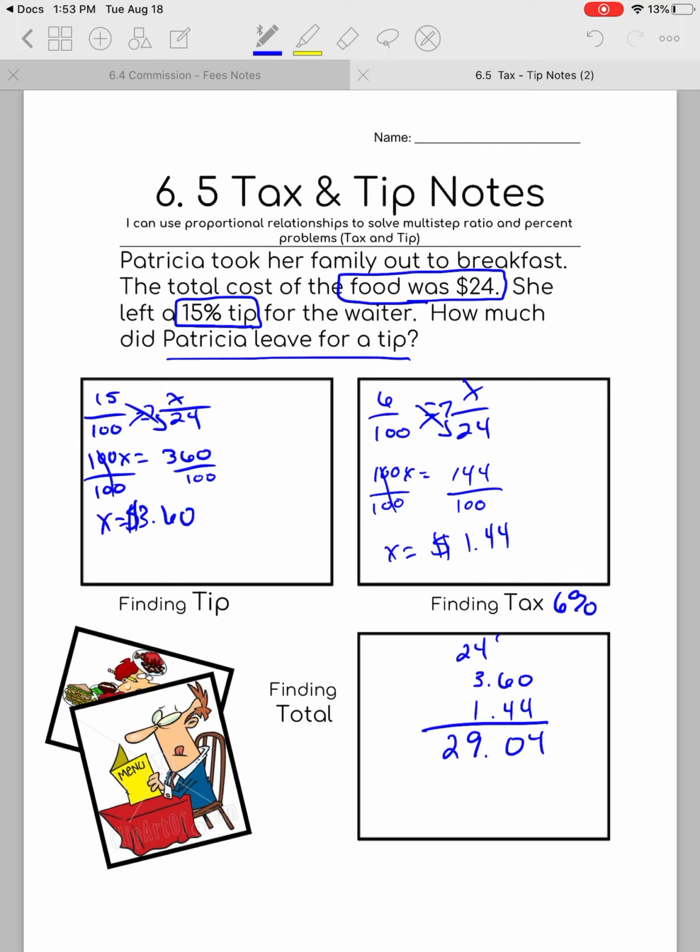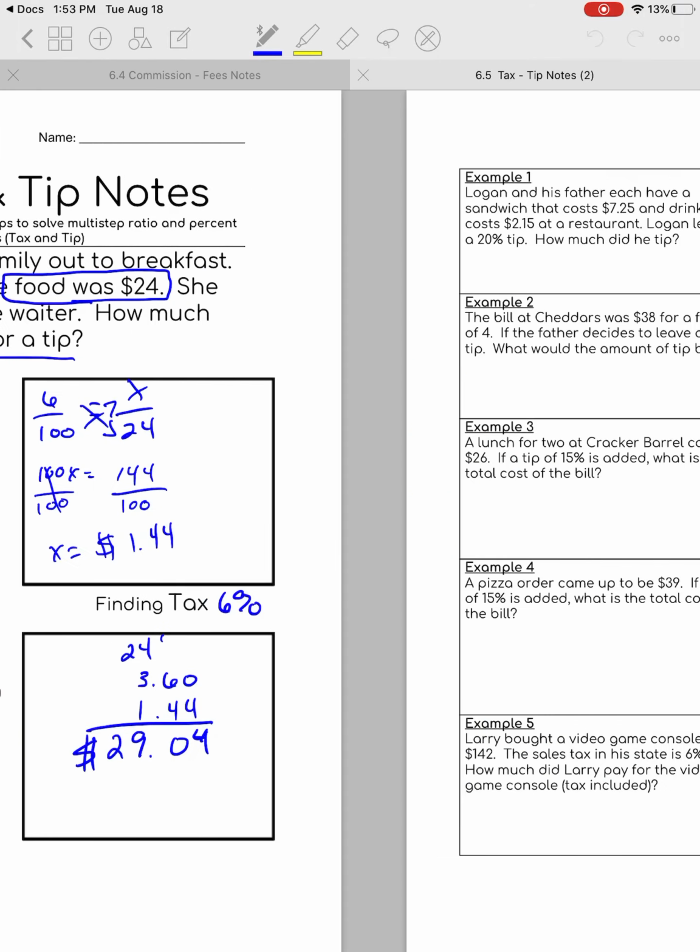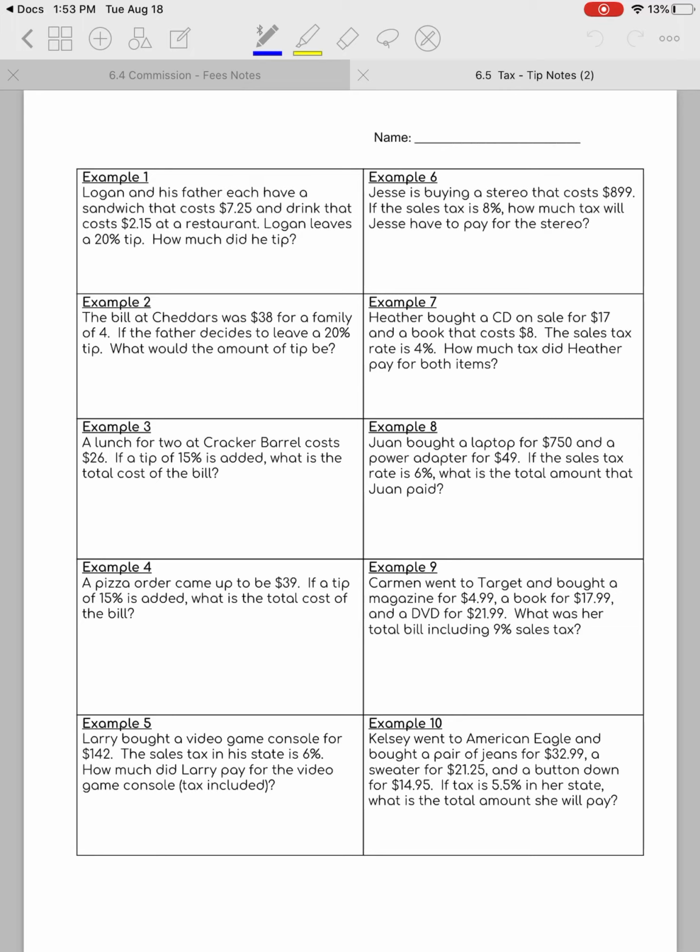Carry the 1, 4, 5, 6, 7, 8, 9, and 2. Your total price will be $29.04. If you notice, just because you have the price of food doesn't mean you got off cheap there, right? Taxes and tips and everything else, those add on and they make a big difference in the final bill.